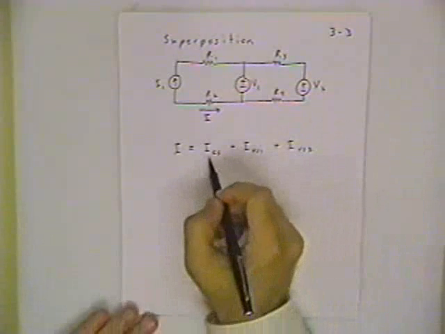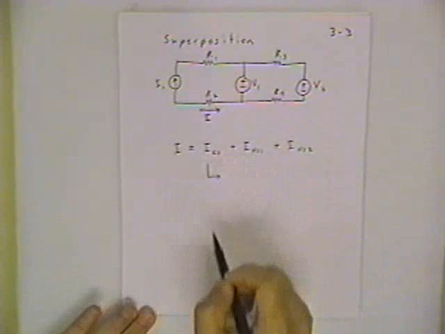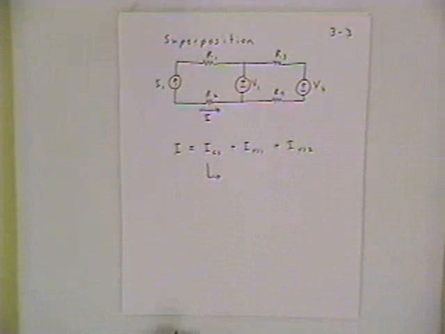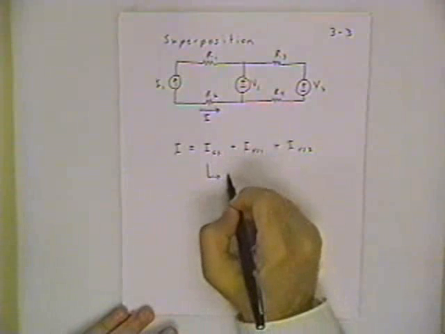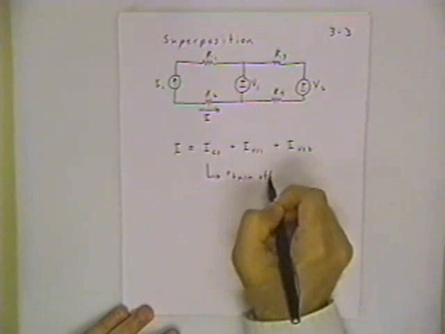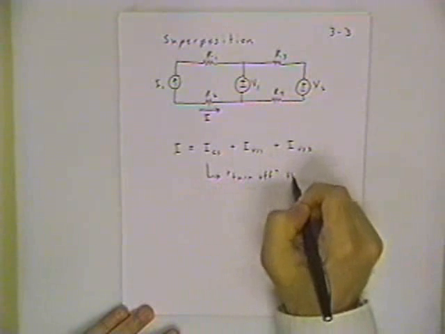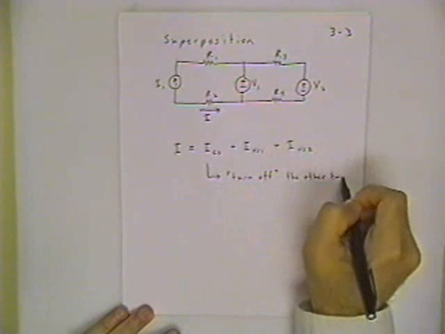What I would do to calculate this current, and I'm only going to discuss this with you in a general way, just so that you have some foundation to understand the op-amp problem later on. In order to calculate this, I would turn off the other two sources.